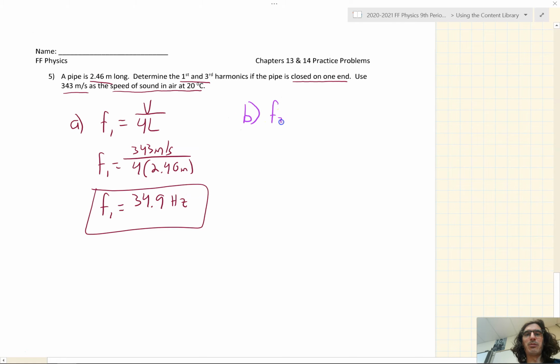And F sub 3 is equal to 3 times F sub 1. F sub 3 is equal to 3 times 34.9 hertz. And we get F sub 3 to equal 105 hertz.